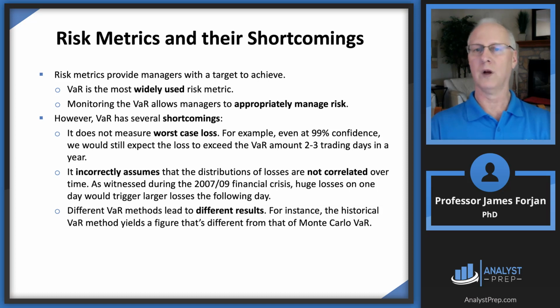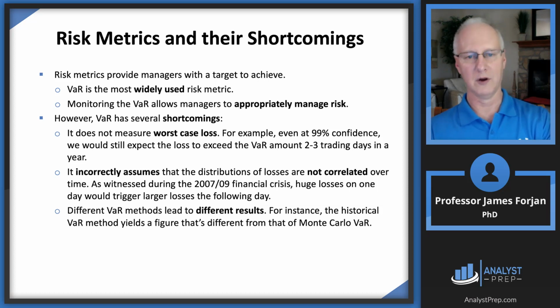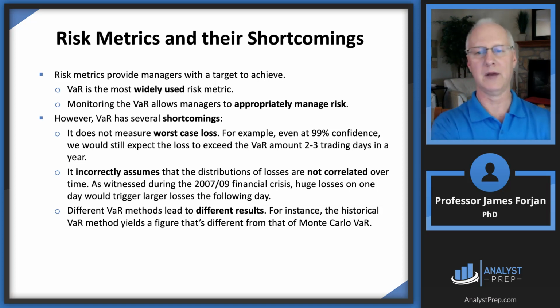And of course, what did we learn in a previous chapter about the financial crisis that lasted from 2007 up until 2009 is that we had some losses, and those losses then triggered other losses, maybe not the next day, but maybe the next week or the next month. But anyway, there's clearly not a 0 correlation between and among these returns.